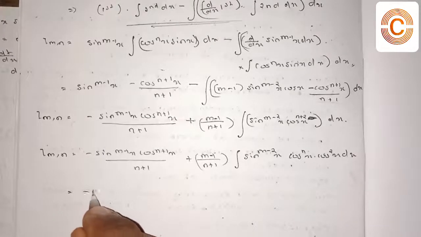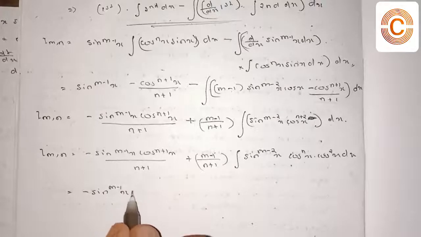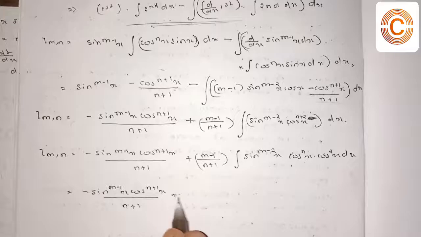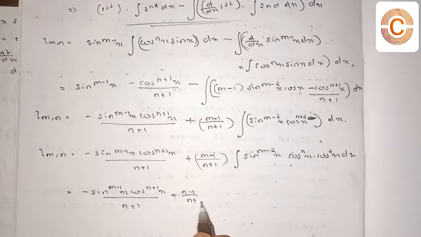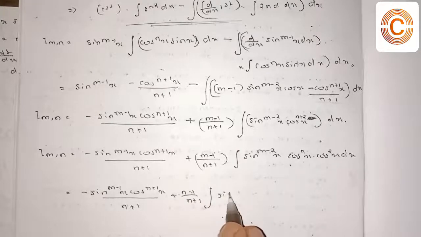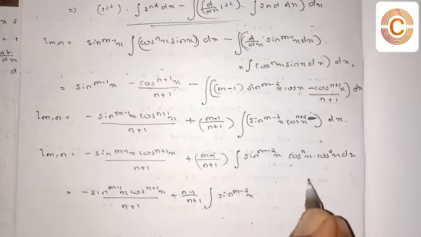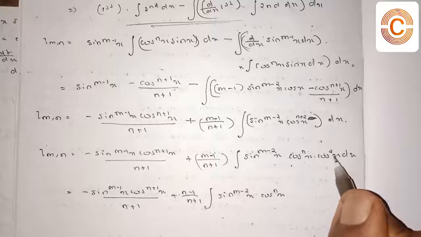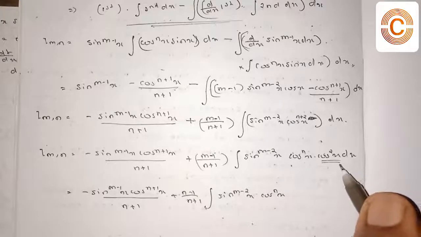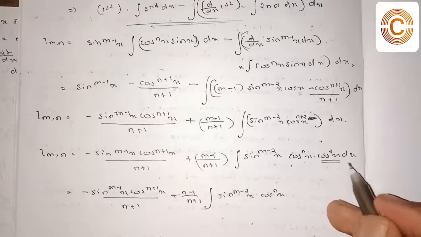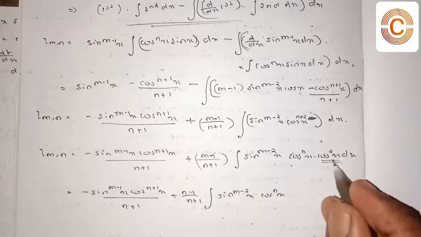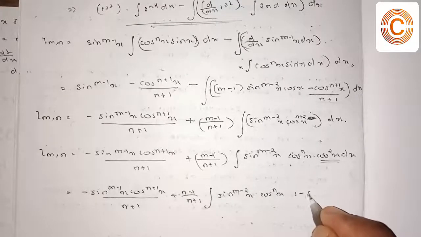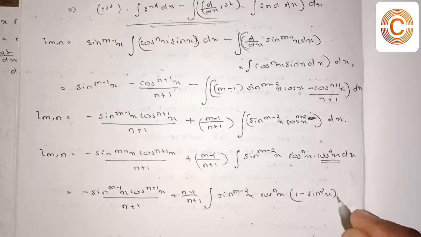So in the next step, minus sin raised to m minus 1 x cos raised to n plus 1 x divided by n plus 1 plus m minus 1 divided by n plus 1 integral of sin raised to m minus 2 x cos raised to n x into, note here that cos square x is existing, so by using the trigonometric identity we can replace it by 1 minus sin square x dx.